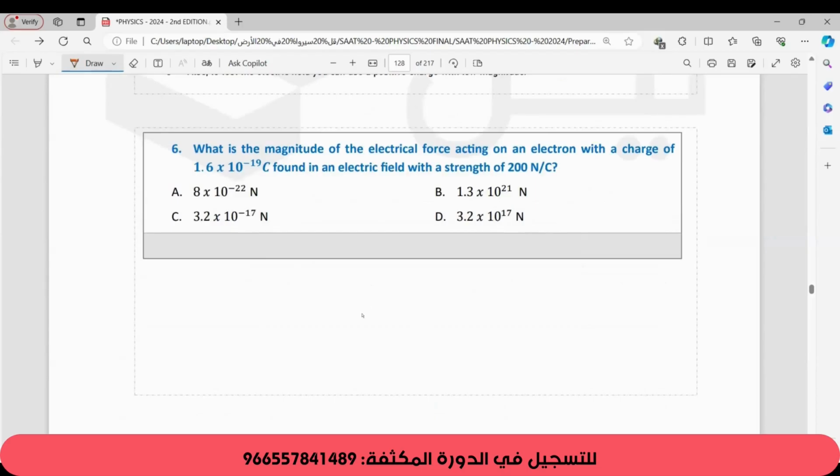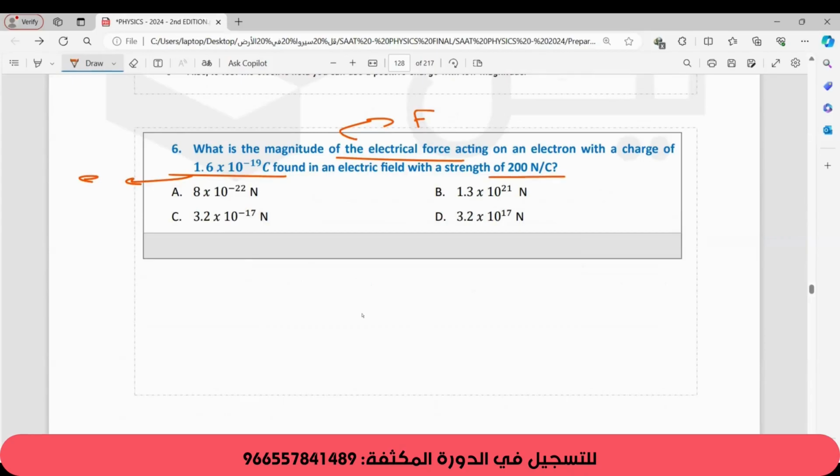What is the magnitude of the electrical force? Here we need the force F on an electron with a charge, as we know, of this value, found in an electric field, and this is the electric field, in newtons per coulomb.